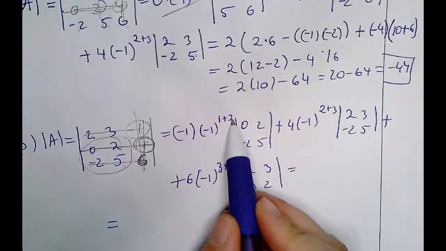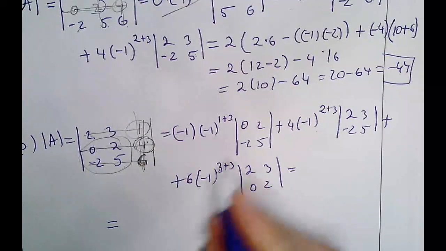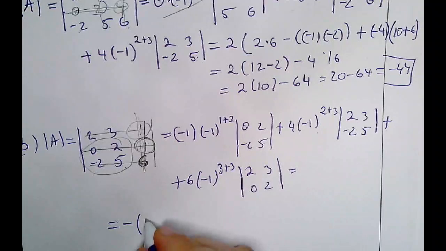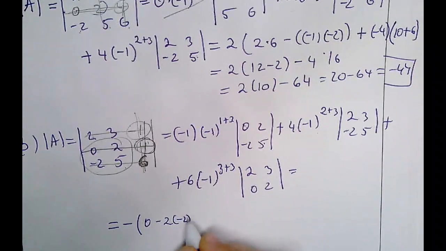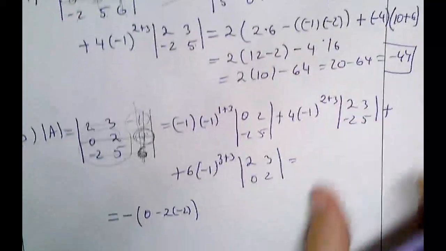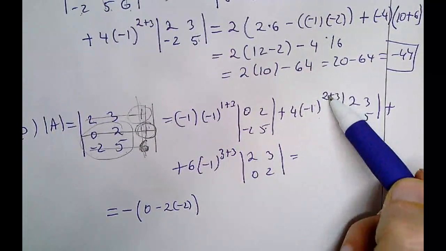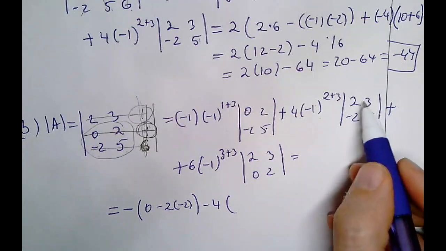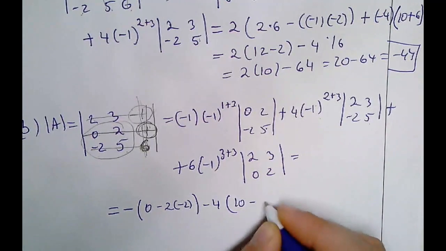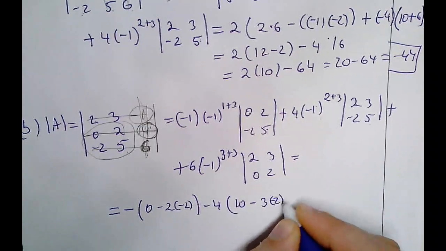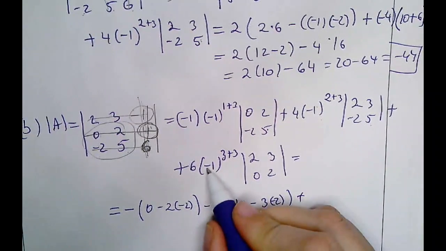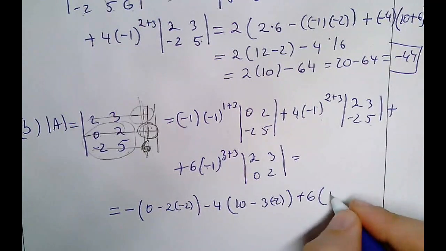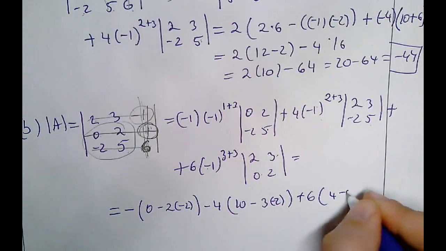So it's going to be negative 1 to the fourth, that's positive 1, but there's a negative in front, so it's going to be negative. 0 times 5 is 0, minus 2 times negative 2, plus negative 1 to the 2 plus 3 is negative, times 4, so it'll be negative 4, times the determinant of this 2 by 2, so 2 times 5, which is 10, minus 3 times negative 2, plus negative 1 to the 6th power is positive, and then 2 times 2 is 4, minus 3 times 0 is 0.